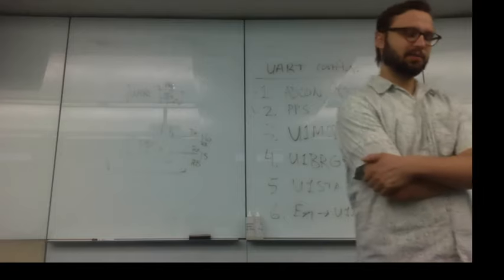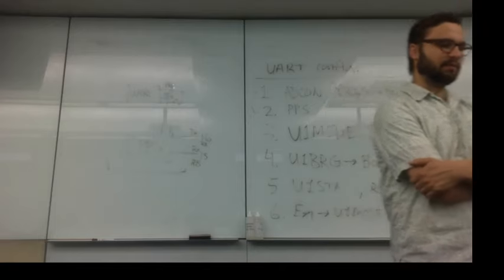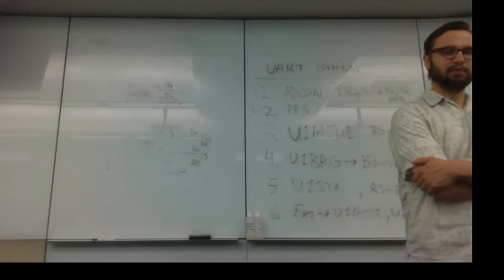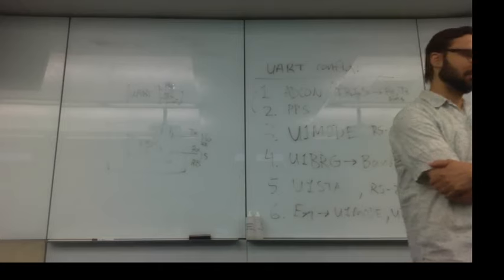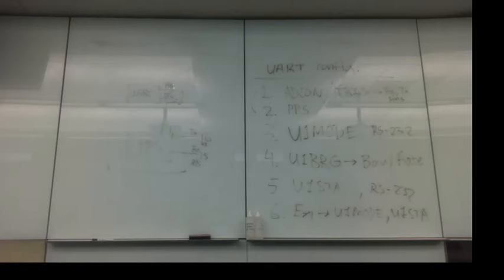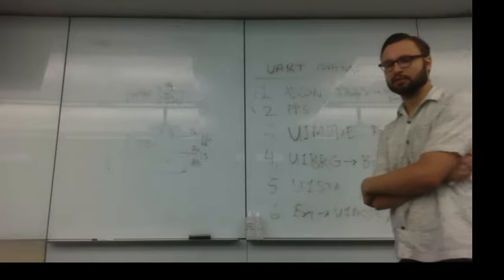USB is more universally used, so it makes sense that it would be a stricter implementation. But RS-232 is kind of like an engineering specification. So you can use it in the lab, you can change it around, you can use it with a wide variety of equipment. So it's pretty useful.